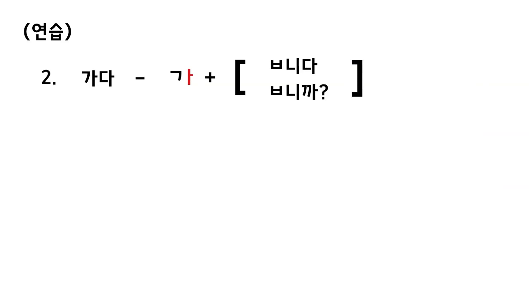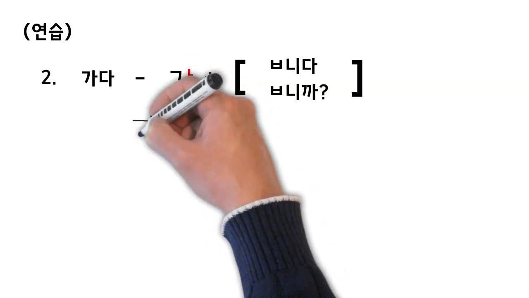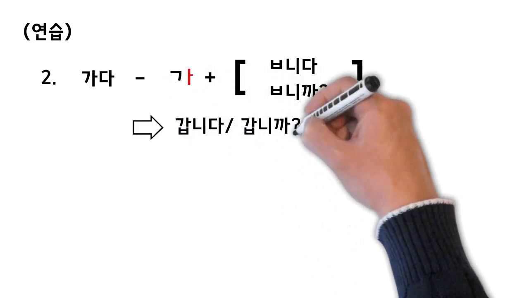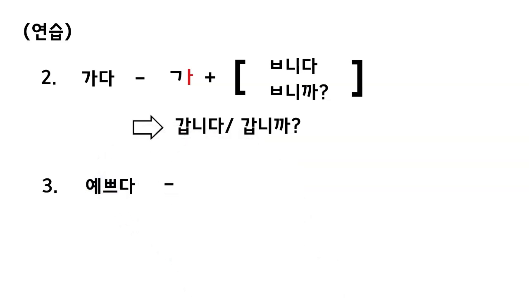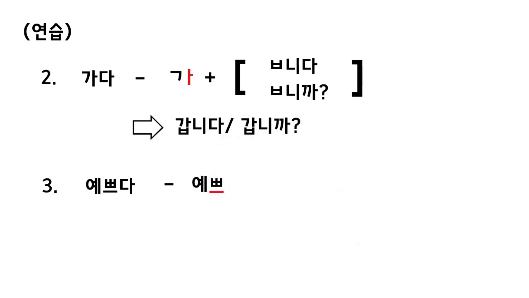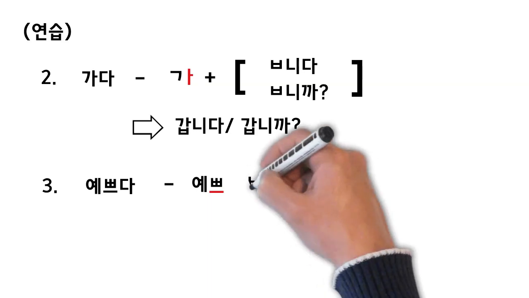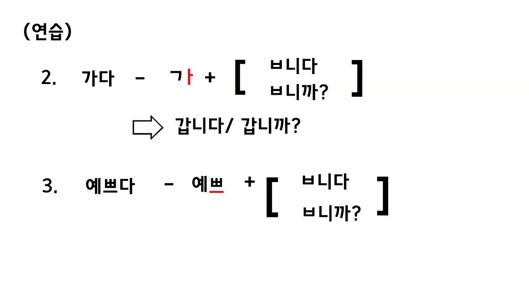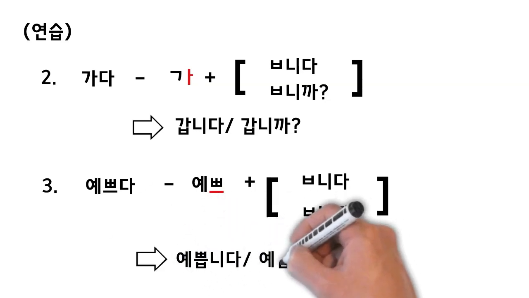Since the verb stem 가 ends in the vowel 아, the red one, it comes to 갑니다 or 갑니까. 예쁘다 is to be pretty, an adjective. 예쁘 is a stem. 다 is a dictionary form ending, drop it and attach 비읍니다 or 비읍니까 to the adjective stem 예쁘. Because its ending is the red one, it becomes 예쁩니다 or 예쁩니까.